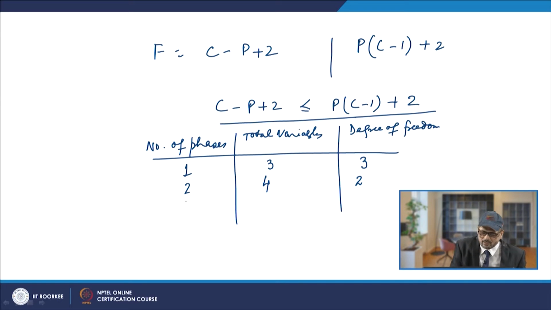Similarly, for 3 phases you will have the total variables as 5 and the degree of freedom becomes 1, and for 4 phases you will have 6 as the total number of variables and the degree of freedom becomes 0.